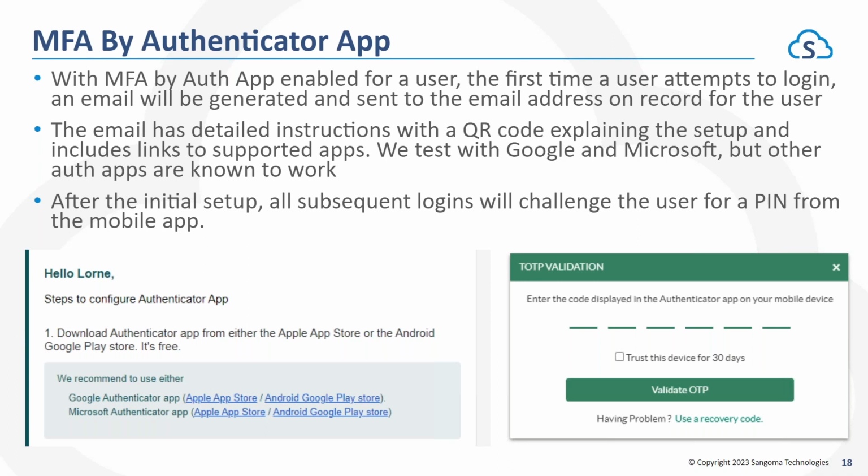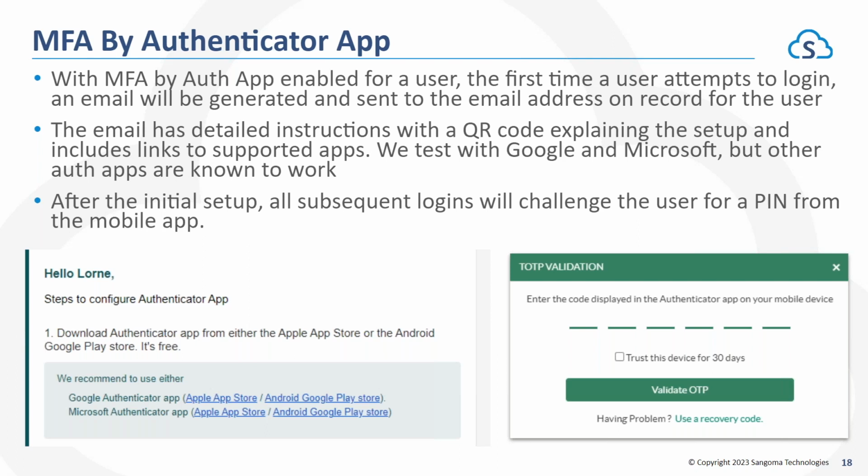We support both Google Authenticator and Microsoft Authenticator, but other Authenticator apps are known to work. I myself use LastPass, and I have heard of cases of other apps being used. The email includes both a QR code, which is trivially easy to scan on your mobile device, or there is also a long alphanumeric token which you can use to paste into the Auth app to set up the account.